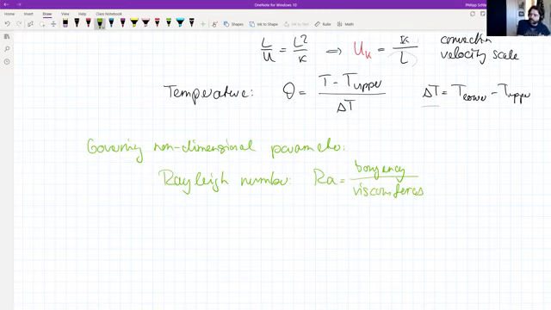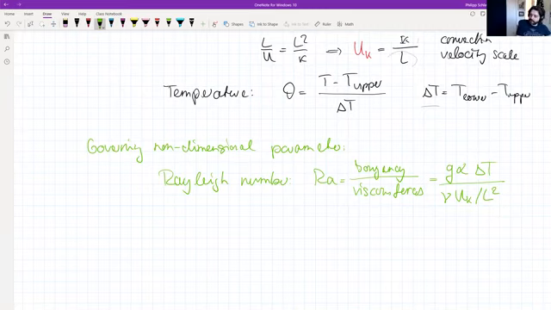Very much in the same way as I explained before for the Reynolds number. Now, in terms of numerical values, we need to think a little bit about what physical quantities need to come in. If you think about that, you will get g as the gravitational acceleration, alpha as the thermal expansion coefficient, delta T as the temperature difference, and the whole thing divided by the viscosity, the velocity scale that we have just introduced, and divided by L squared.